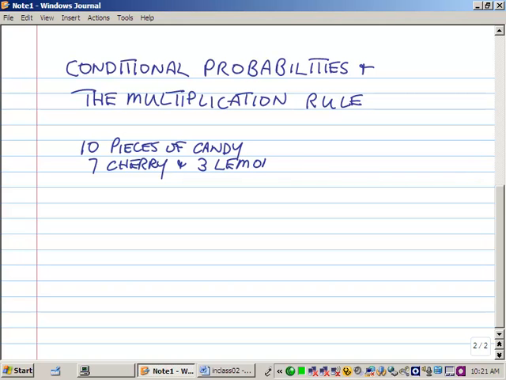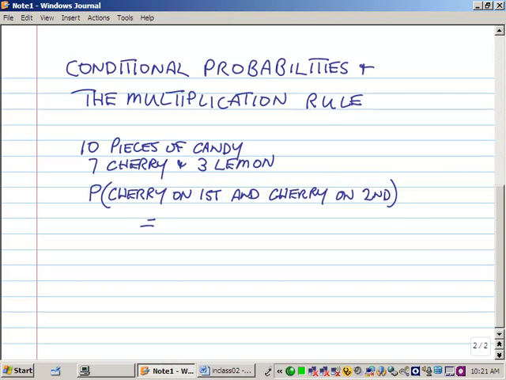We talked about the probabilities of getting sequential events. For instance, we could talk about the probability of getting a cherry on the first draw selection and a cherry on the second selection.